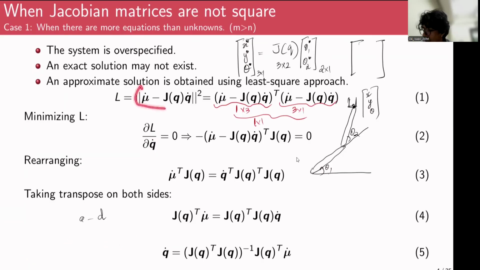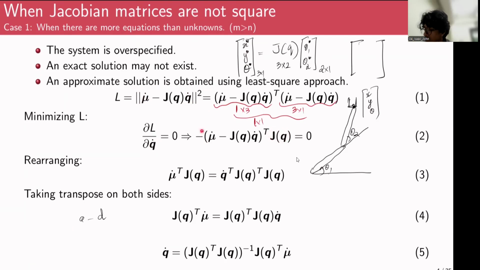You have a square of a function, and if you take the derivative, you will get 2 multiplied by the function, mu dot minus J of Q multiplied by Q dot. Then you also have a coefficient of Q dot that will come out here.